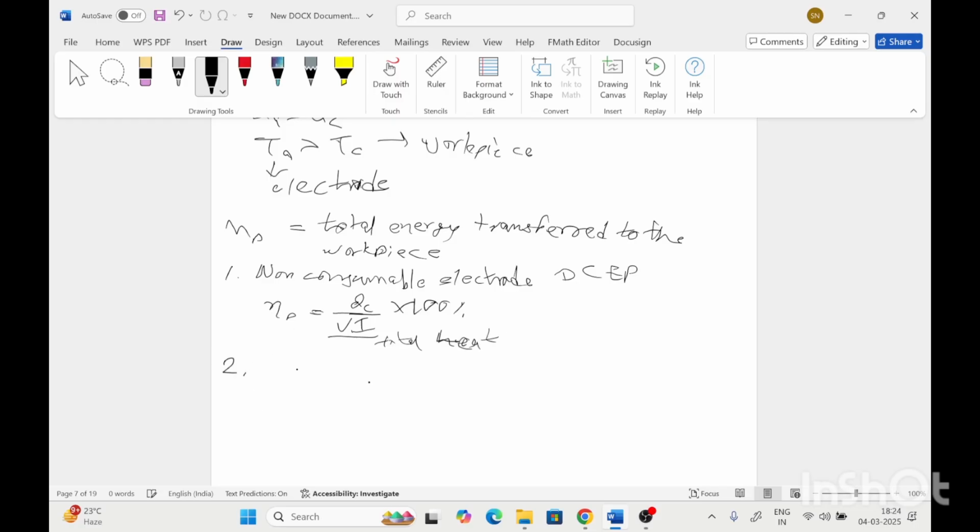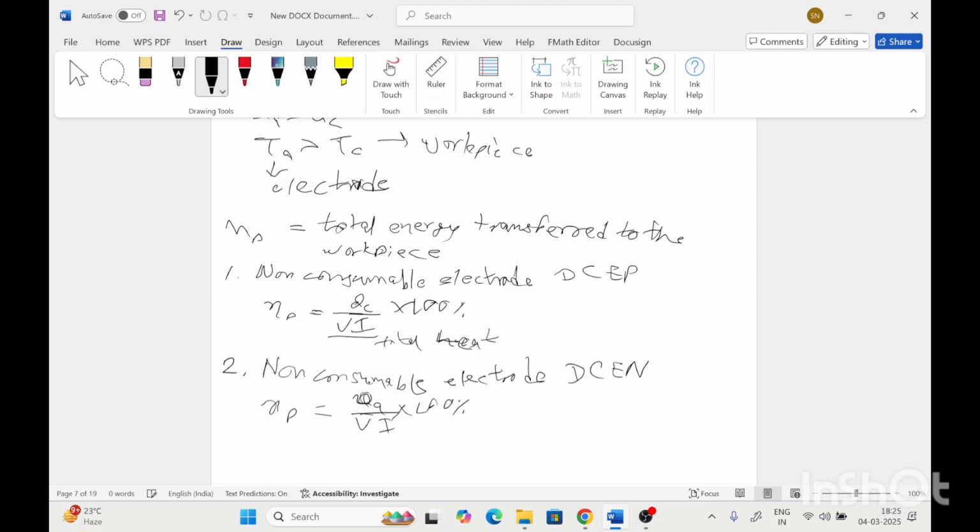For the second case, where the non-consumable electrode is present and the polarity is different, DCEN means electrode is negative, the heat efficiency can be written as QA divided by VI into 100%.